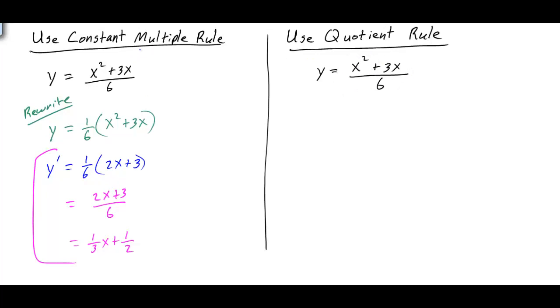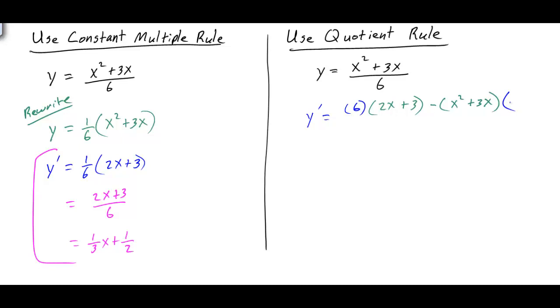We could simply use the constant multiple rule, because what's going to happen if we use the quotient rule over here is when we go to take the derivative, remember it says we take the bottom function multiplied by the derivative of the top, which would be 2x plus 3, minus the top function, and what happens now when we multiply by the derivative of the bottom?